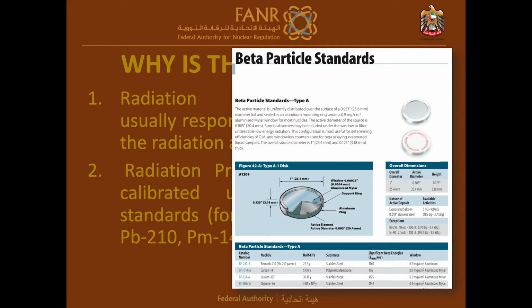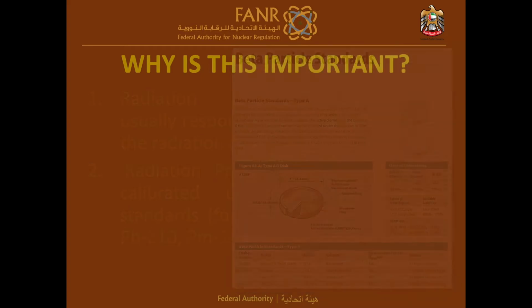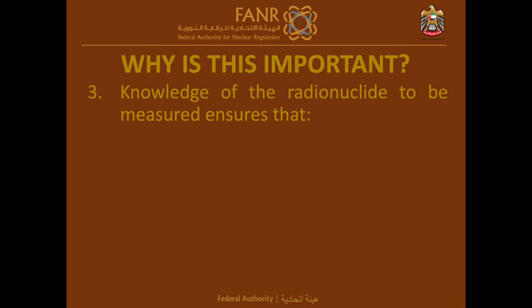This is a leaflet of beta particle standards from a commercial manufacturer. So a lot of information, dimensions, thicknesses, energy of the emission, are very well known. But if we remember that a beta emission is indeed quite a complex mix of different energies, we also understand how important it is to know the radionuclide that one wants to measure.